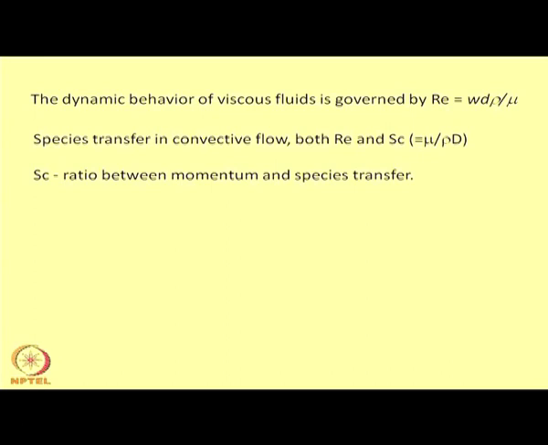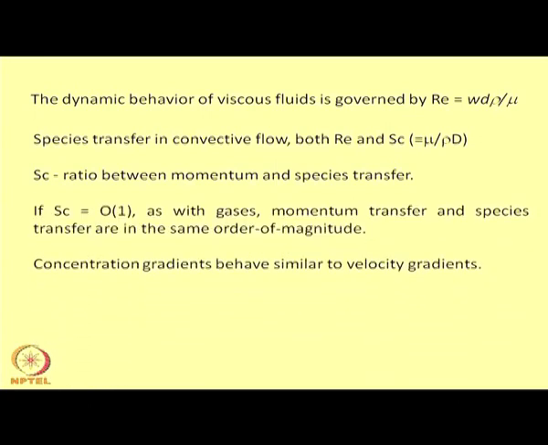So, if you look carefully, the Schmidt number is nothing but a ratio between momentum transfer and mass transfer, or specifically species transfer. So, the values of these numbers would tell us which process is important. Is it the momentum transfer process that is more important compared to the mass transfer, or otherwise?